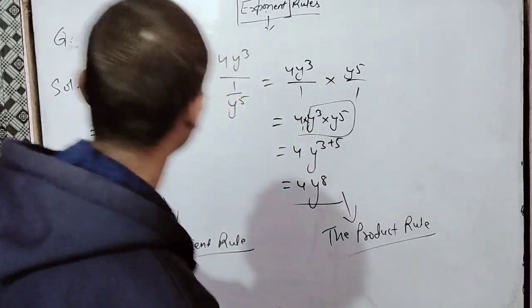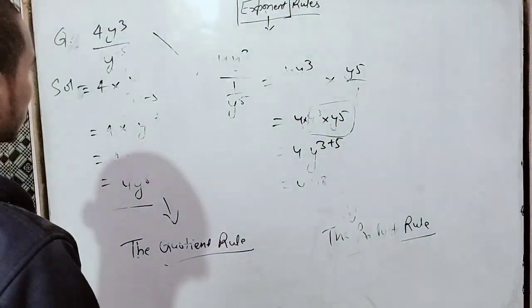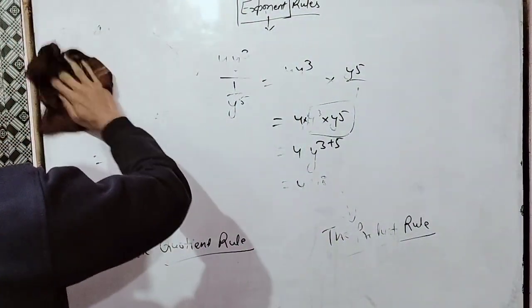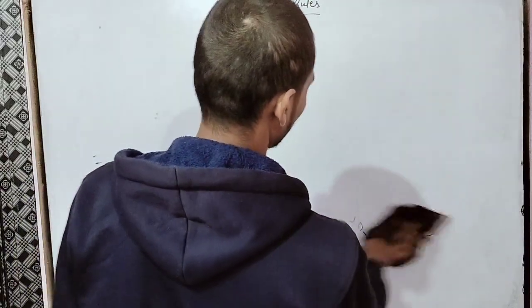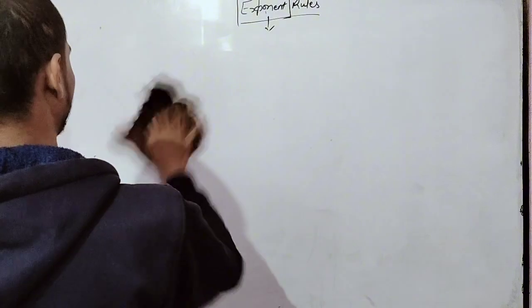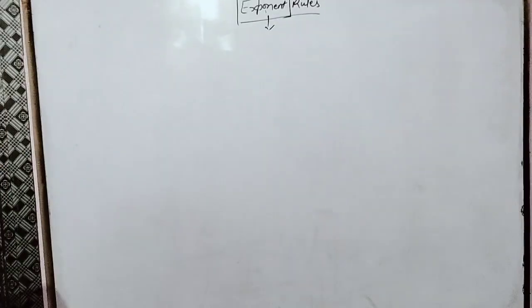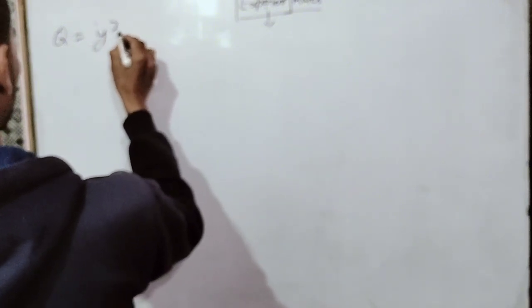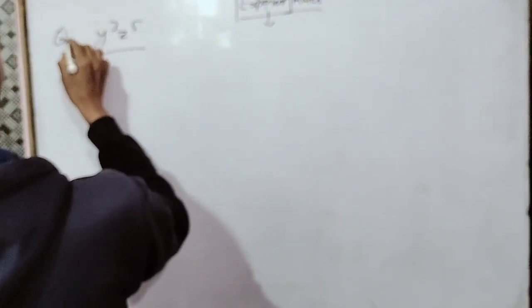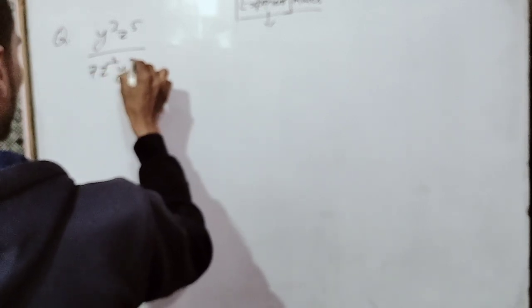Now I am going to take the next question. Next question is y3 z5 and 7 0.